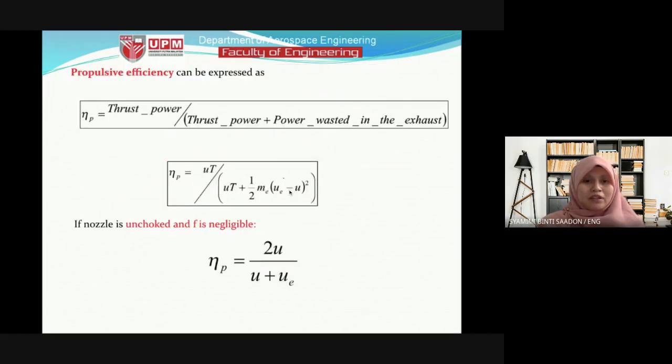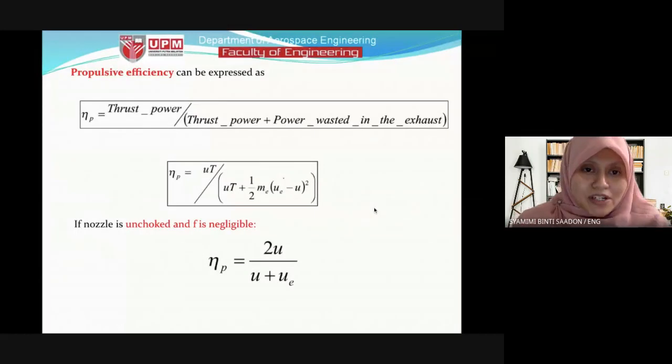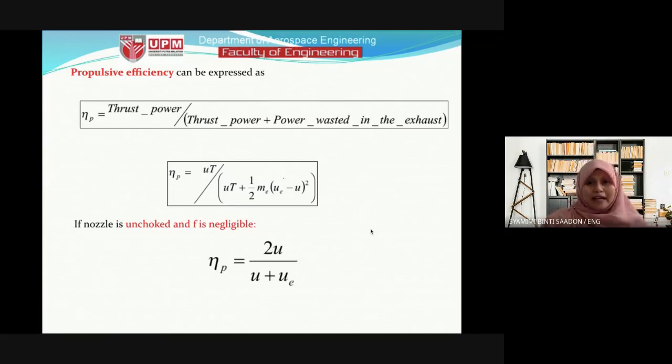Okay, so other important parameters. We have propulsive efficiency. This is very important, and we are going to use it a lot. In a power plant gas turbine, to characterize the efficiency of a gas turbine, we use thermal efficiency, right?